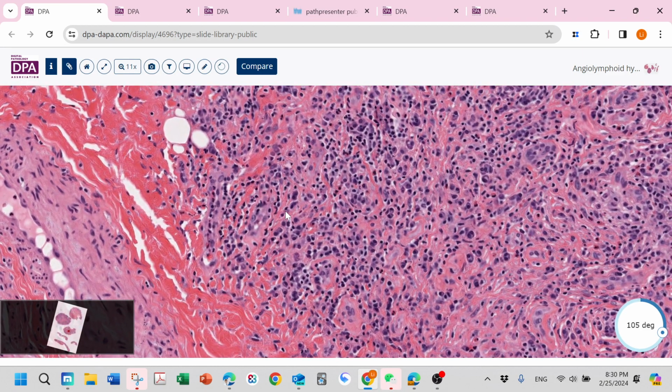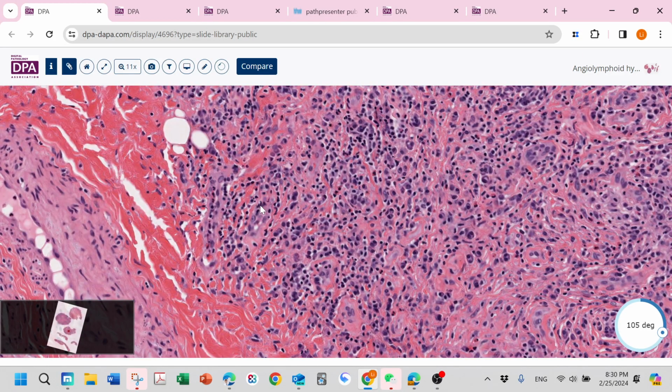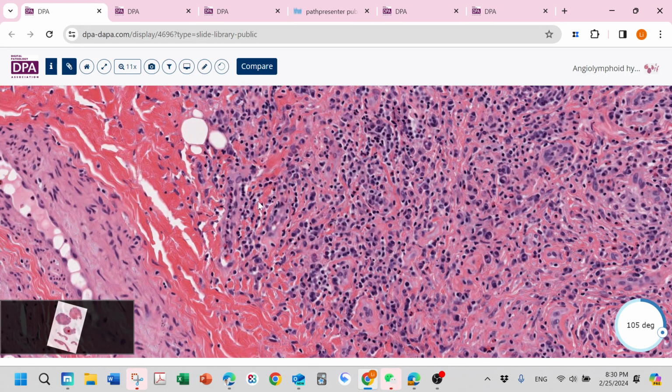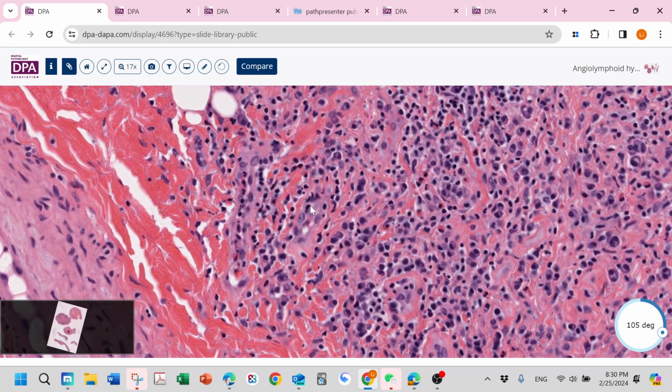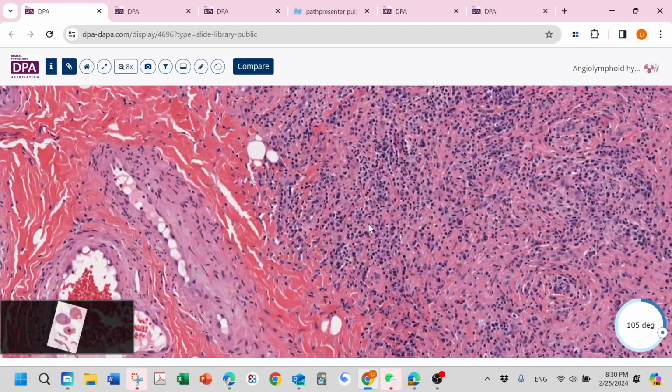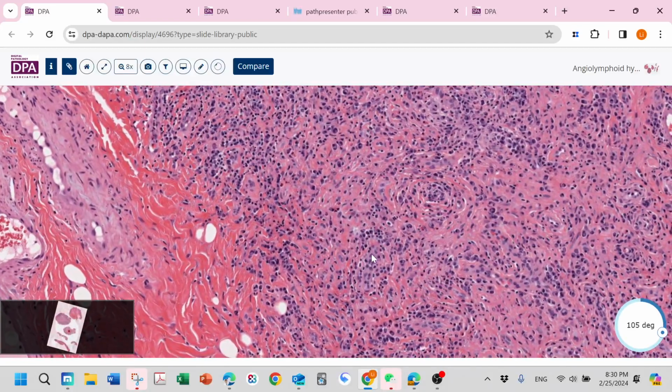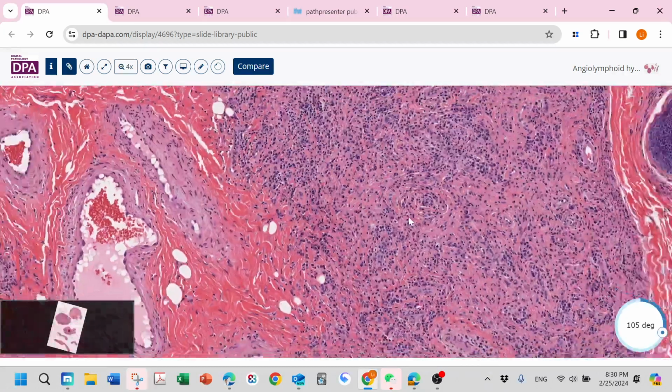They just cannot form a blood vessel with a lumen you can recognize. But if you see the detail, you can see they are still trying to form a lumen. And these endothelial cells are kind of plump, bigger and fatter than normal endothelial cells. It's like all the lumens are compacted together, and you just cannot find the lumen.